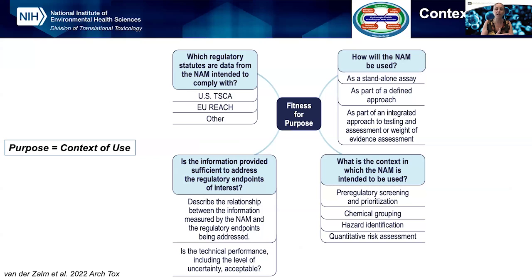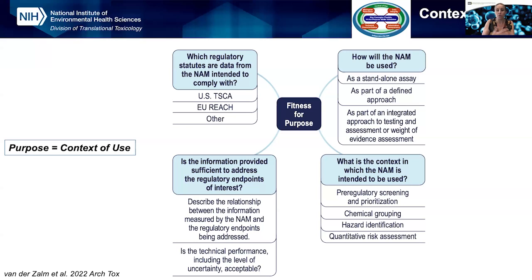So a lot of the content in the ICFAM guidance document builds off of or is borrowed from a recent publication that we put together with some of our NGO colleagues and some of our international colleagues from the European Center for Validation of Alternative Methods, or OECD as well. And these considerations are things like, what regulatory statutes are the data from the NAM intended to comply with?